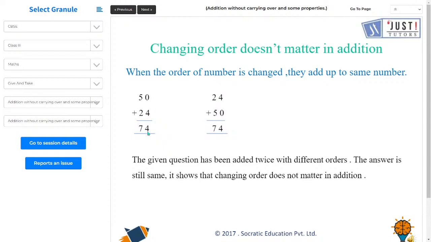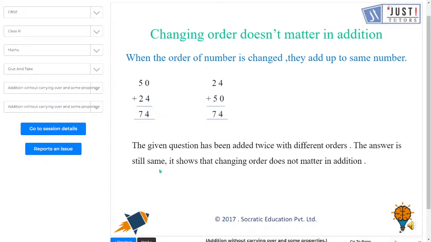We can see that with another example over here. 50 plus 24, we are getting 74, right? Now what if I write 50 down and 24 up? 24 plus 50, again we are getting 74. We are getting the same answer in both cases, which means in addition, even if we change the order, the answer still remains the same.